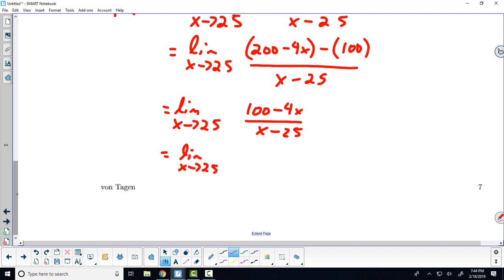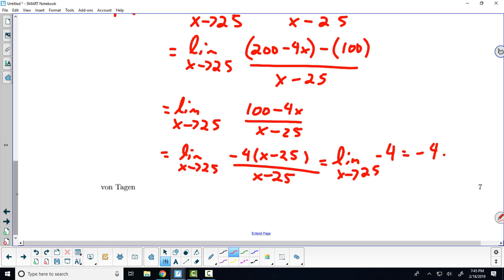Let's see here. I'll factor out a negative 4. When I do so, that gives me x minus 25 all over x minus 25, which gives us the limit as x approaches 25 of the number negative 4, but the limit of a constant is just the constant.